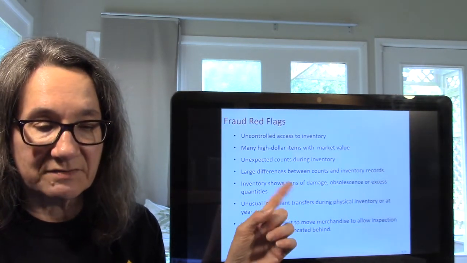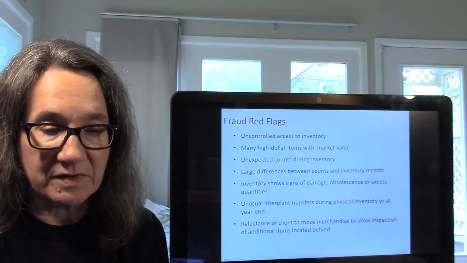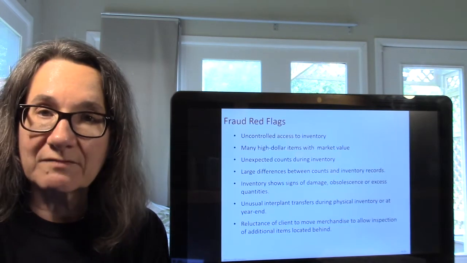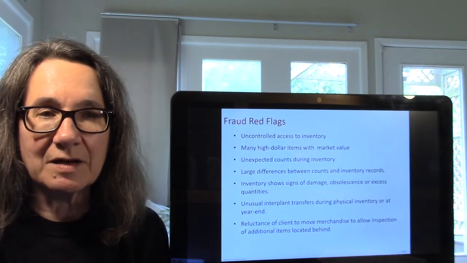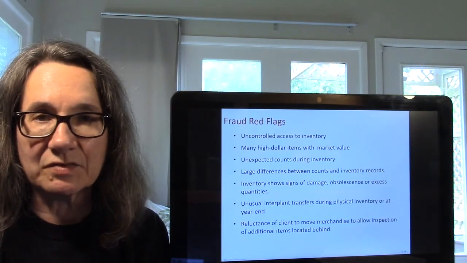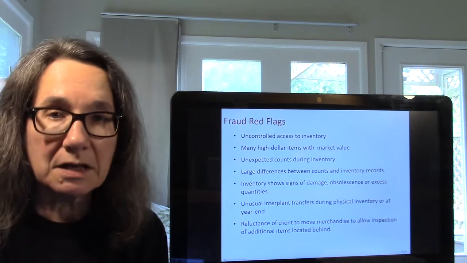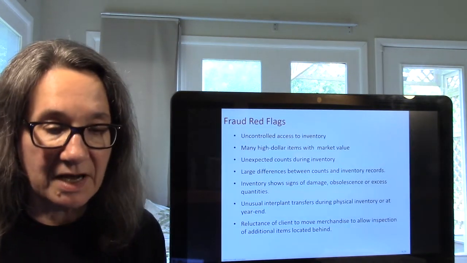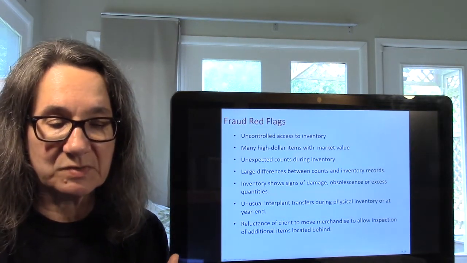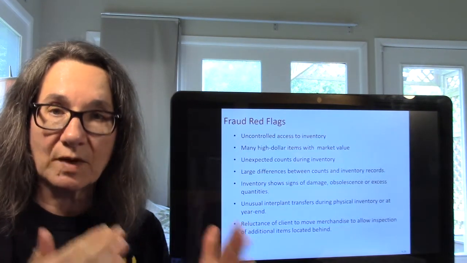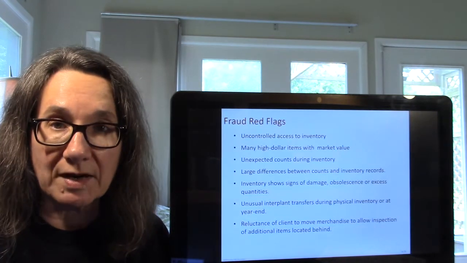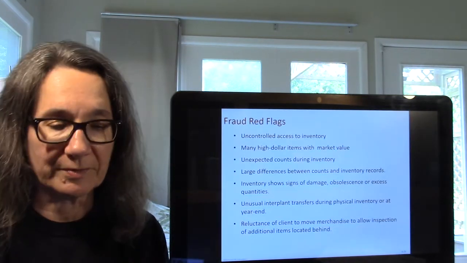Uncontrolled access to inventory and many high dollar items with market value, that tends to be where the employee fraud comes in. So occupational type fraud, just taking inventory, selling it on eBay, something like that. You have to be careful. Unexpected counts, large differences between counts, that's your red flag right there. What is going on? You're going to have to do even more counts now and go back even more.